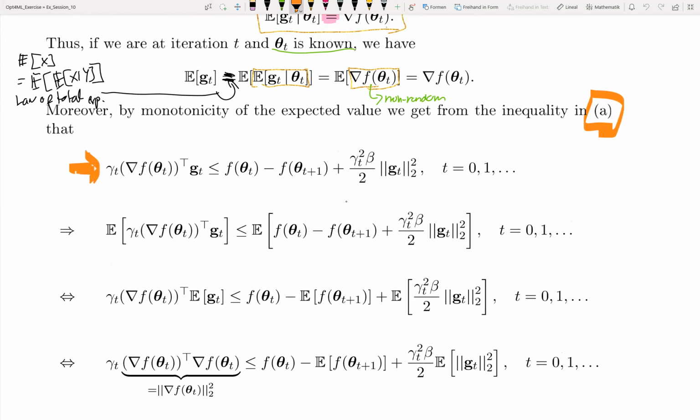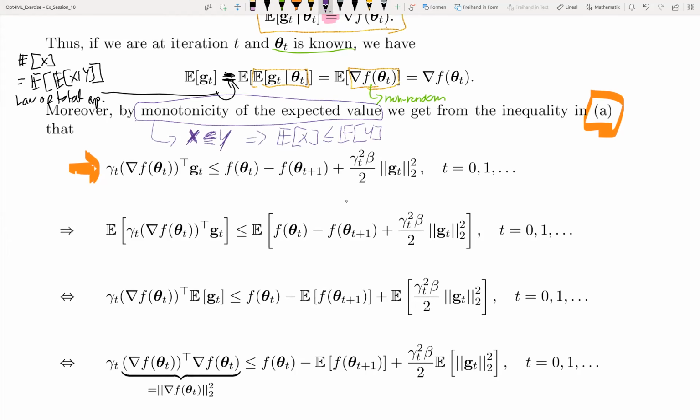Now, the monotonicity of the expected values. Just a quick reminder, it's telling us when we have two random variables, x and y, such that x is smaller than or equal y, then this already implies that expected value of x is smaller than expected value of y.